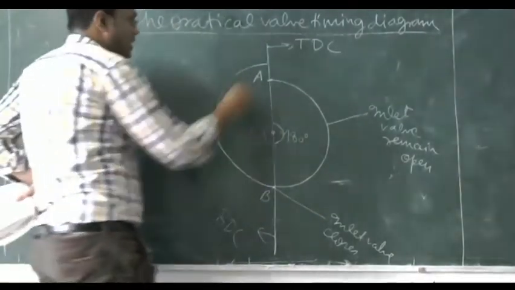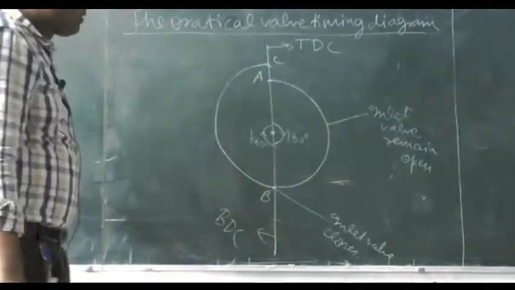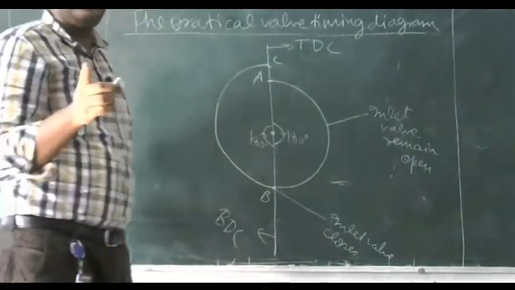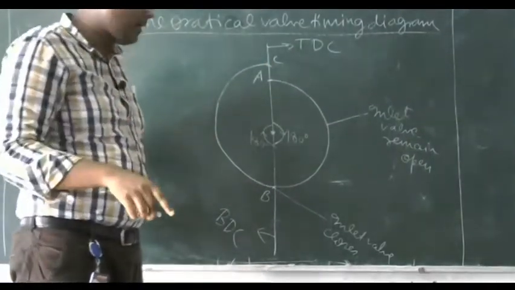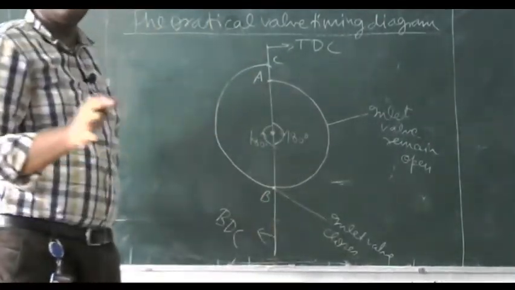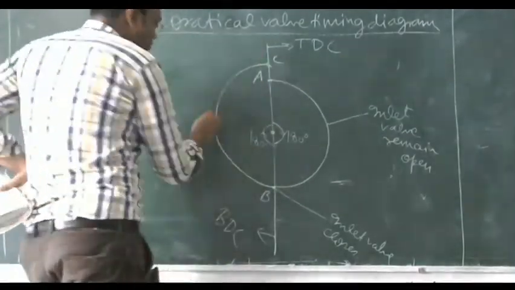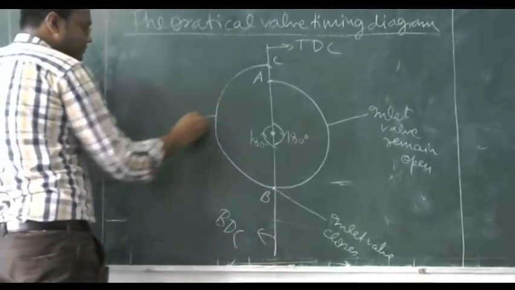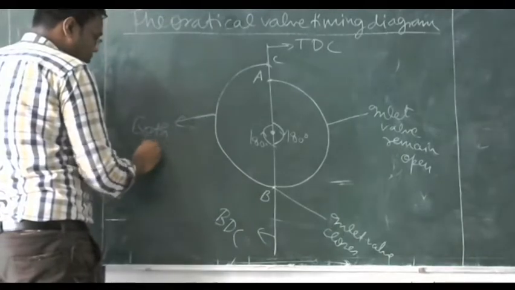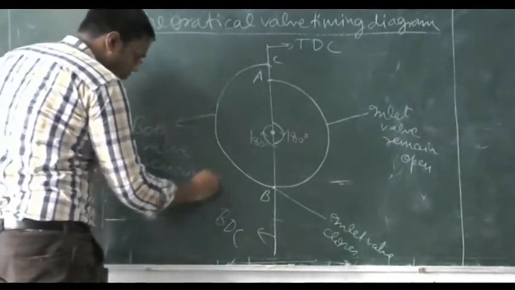Let us assume we have reached point C. Now during the compression stroke from B to C, both valves, inlet valve and exhaust valve, remain closed. Because at point B the inlet valve closes and the exhaust valve is already closed.